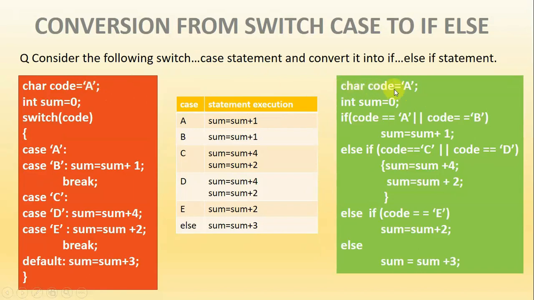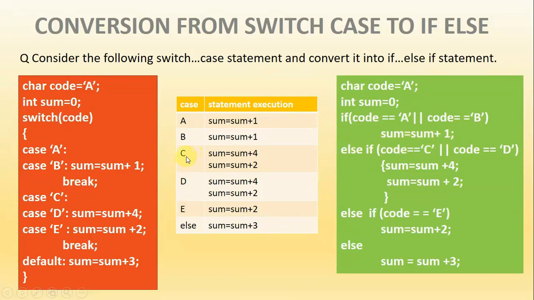So again, the first two lines will remain the same, char code equal to 'A', int sum equal to 0. Now you can see for the values, if the value is A as well as B, we have the same statement being executed. So we will write if code equal to A or code equal to B, sum equal to sum plus 1.